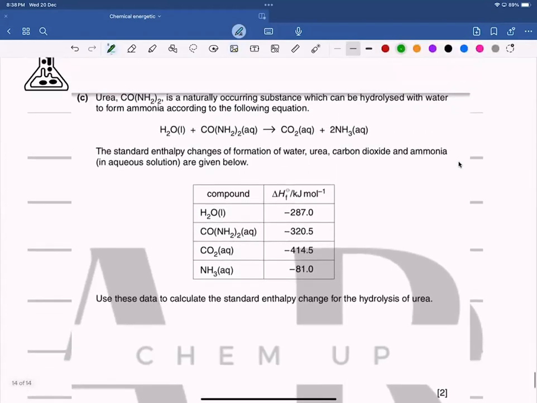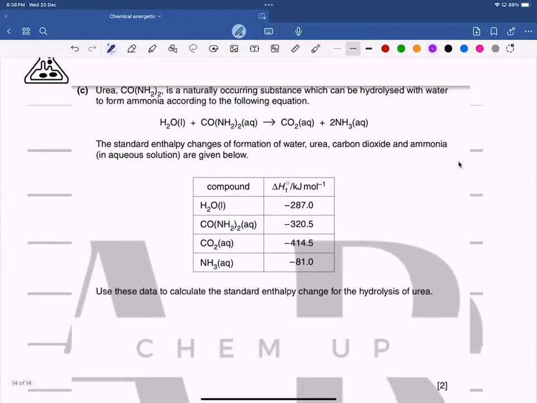So if we make the Hess cycle, the expression would be like this: minus 414 plus twice of minus 81 is equal to minus 287.0 plus minus 320.5 plus delta H, and then we have to make delta H the subject and find its value. If you guys have any questions, you can ask, please.